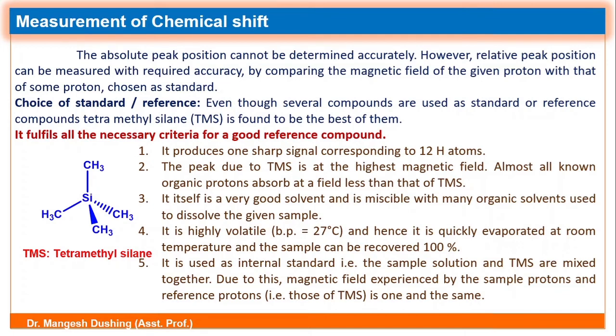So in this way, we use the internal standard, tetramethylsilane, and these particular qualities of tetramethylsilane make it the best standard or reference for NMR spectroscopy, so that we can measure the exact relative peak positions of the protons in the spectrum.